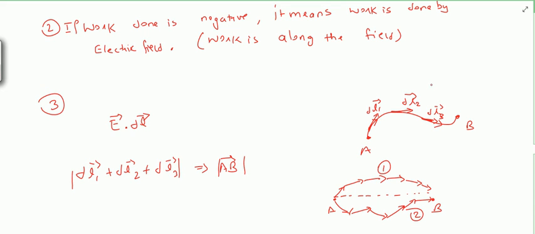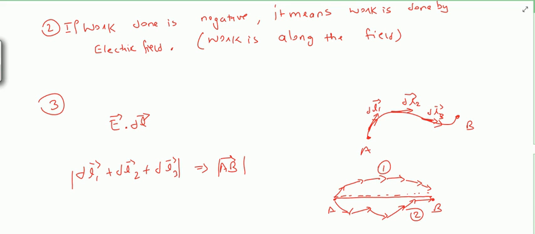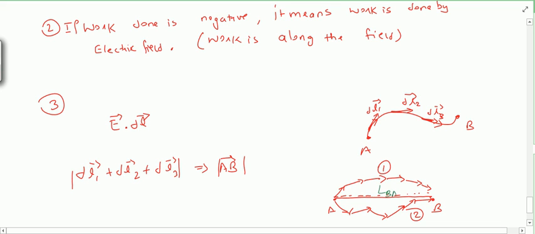Because the polygon law says that joining all these vectors, their resultant will be equal to the vector joining the initial point and the final point. Suppose this is the displacement vector LBA.